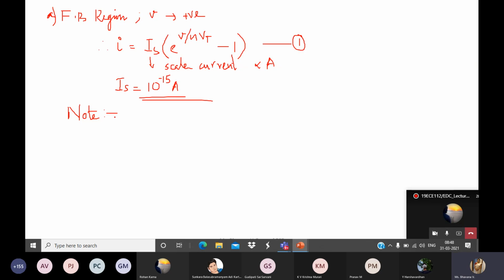In the forward bias region, yes? Low power applications, any examples, ma'am? Wherever low power consumption is required, that can be an example of a low power application.